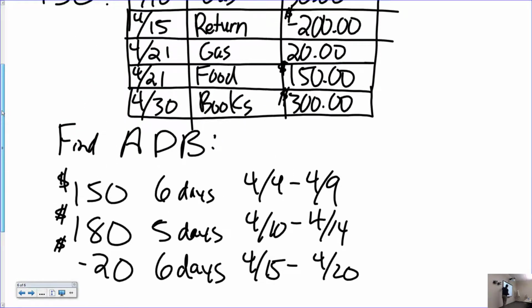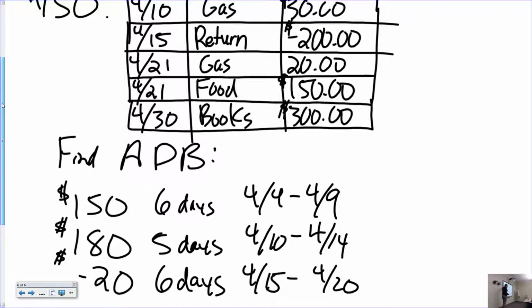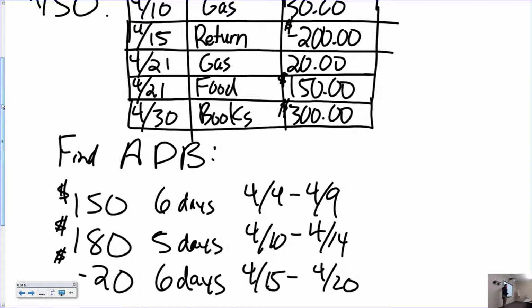What's my next number? 20. Oh, actually, it'd be 150. It is the negative $20, but you also put 20 and 150. The 20 makes it 0, but the 150 was bought on the same day, so it should be 150. Okay, so here's where it starts to get a little bit weird. How do you handle 2 days on the same date? You have to handle these both together, right?